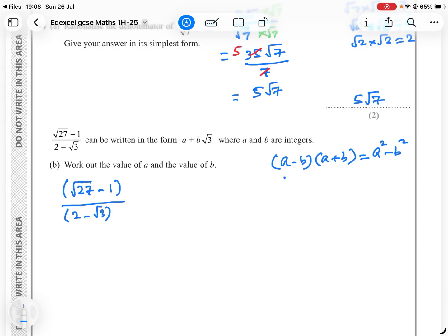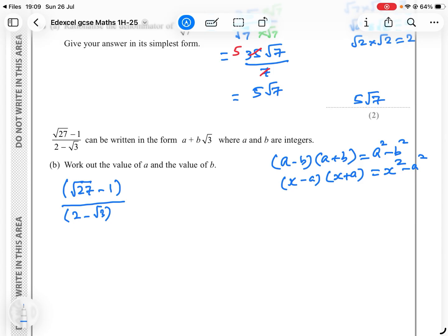Another example, x minus a times x plus a, you don't need to do anything, just square each, with a take away sign between them. So x squared take away a squared.